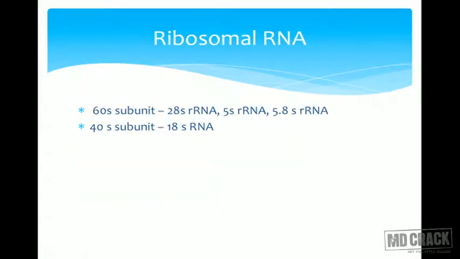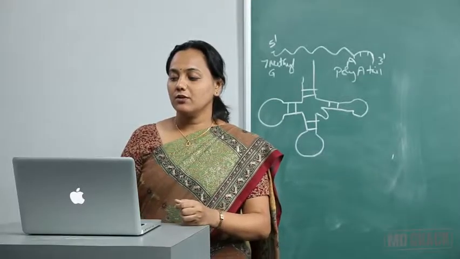Now another RNA is ribosomal RNA, rRNA. rRNA is present along with ribosomes. So protein plus RNA becomes a ribosome. The 60S subunit has these rRNAs: 28S, 5S, 5.8S, and the 40S has 18S RNA. What are these S? Everything we'll talk about in transcription. Just keep a note of this.